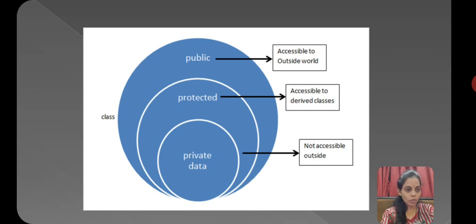At any cost they will not allow access to the data members or member functions outside the class. So this is about the access specifiers. While we are writing programs, at that time we have to use public and private, and while we are using inheritance, at that time we will use the protected access specifier.